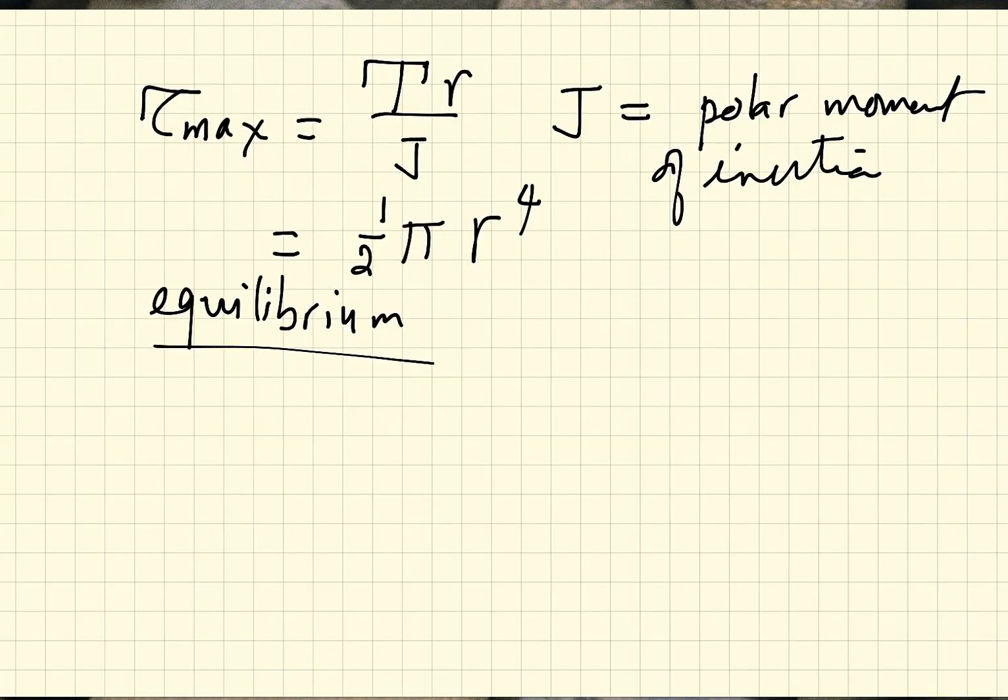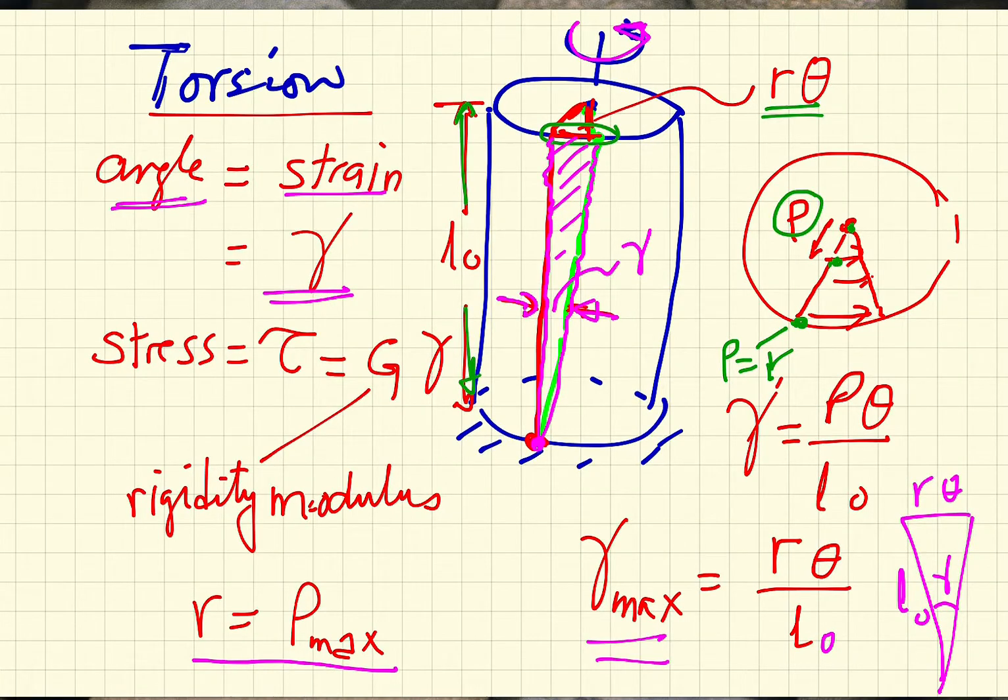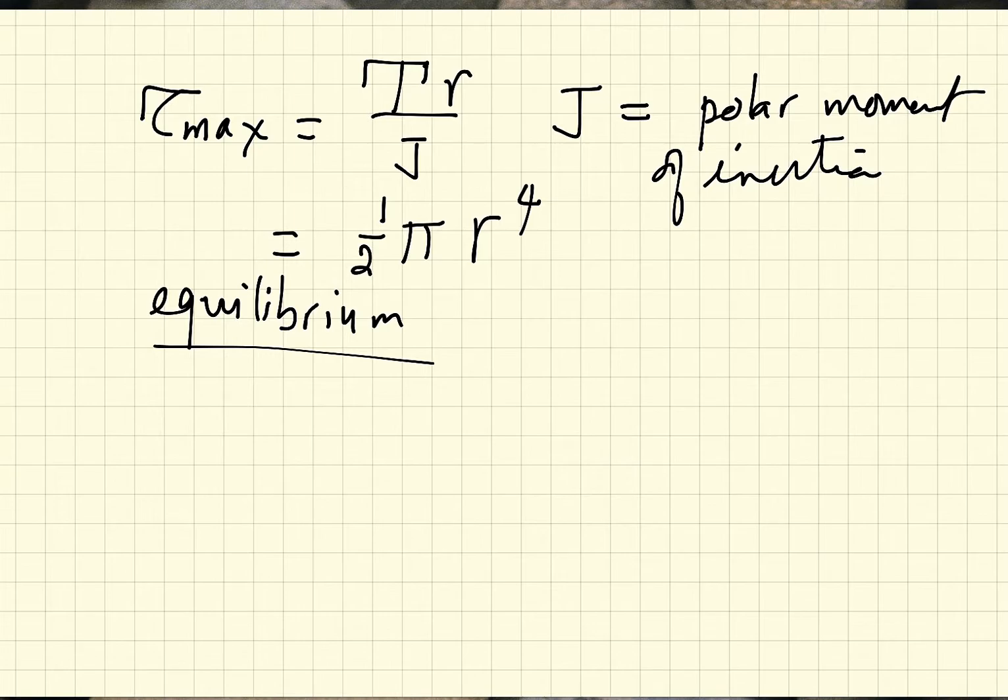So if I go back, the shear stress will be G times gamma, or G times gamma max, and gamma max is R theta over L0. So the tau max will be equal to G times gamma max, which is G R theta divided by L0. So this is from the strain, gamma, and this is the shear modulus.